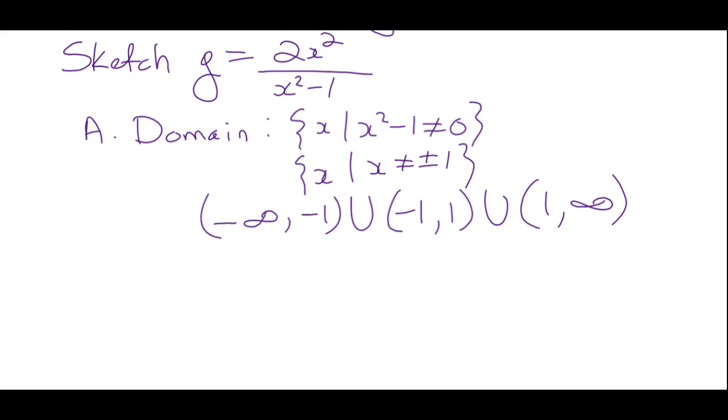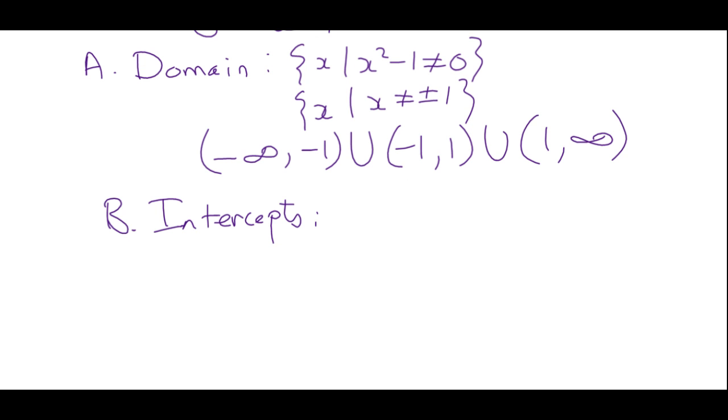Okay, next step, intercepts. What I like to do first is find the y-intercept, because you just put x as 0 in, that's pretty easy, right? I mean, there's not much work to that.